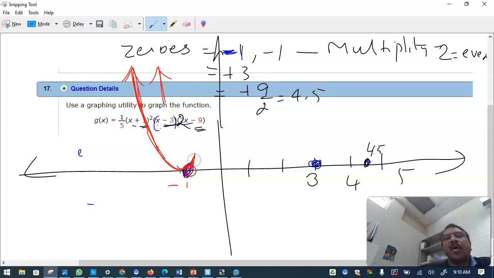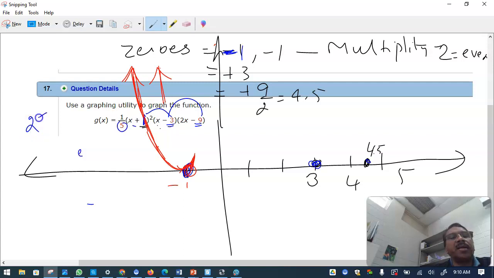where does it cross the y-axis? If you really want to know that, we can figure that out too. When you multiply the constants, there is this 1 here, so that 1 multiplies. So this is minus 3, this is minus 9. When you multiply minus 3 and all these numbers, you get 27, but then divide by 5.